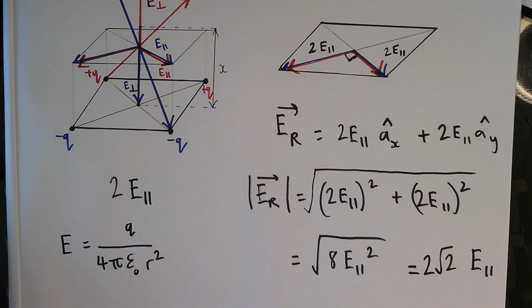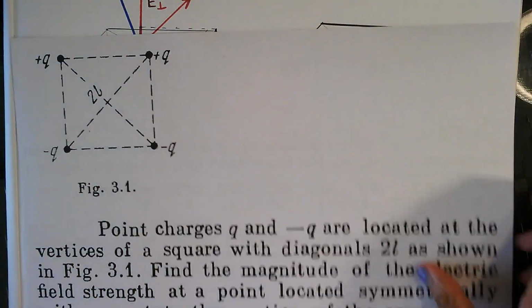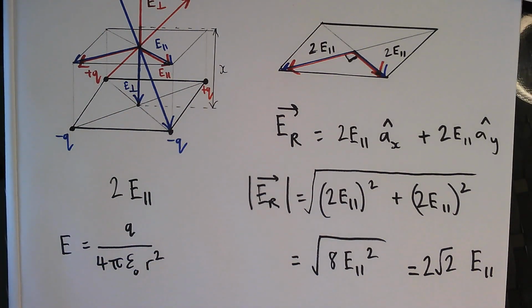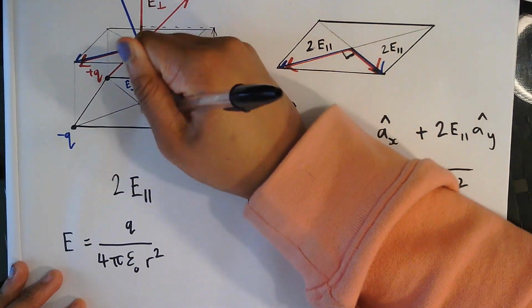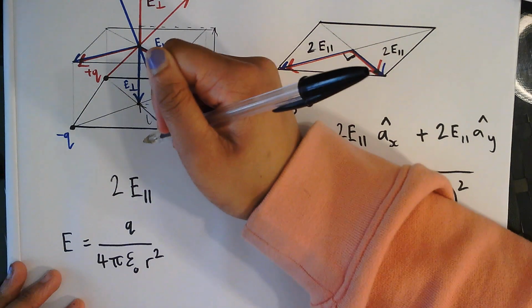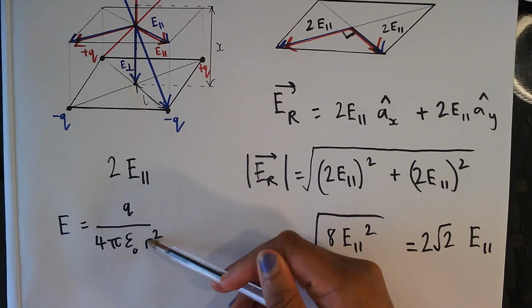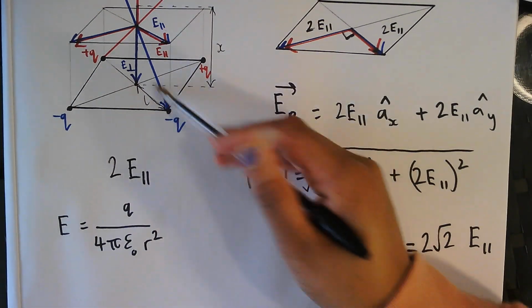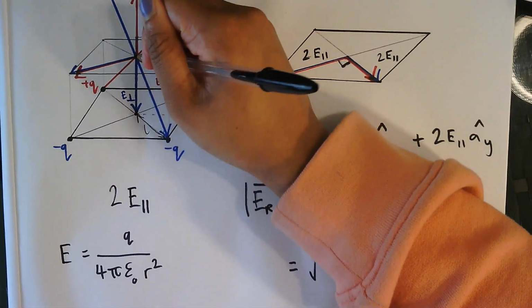And the question tells us that the diagonals of the square are equal to 2L. So I know that this distance here, if I draw that on, is equal to L. And we want to work out what r is, the distance between the charge and the point here, so this distance here is r.